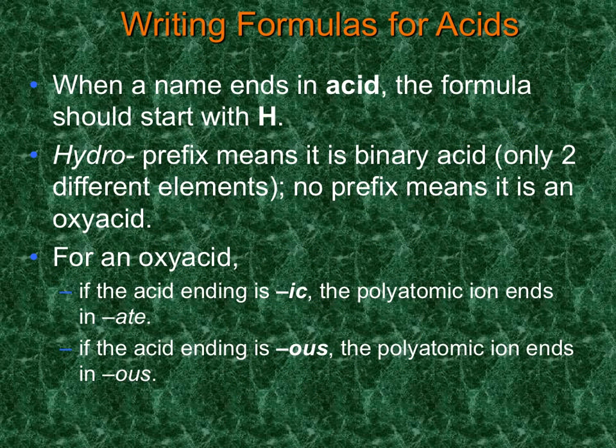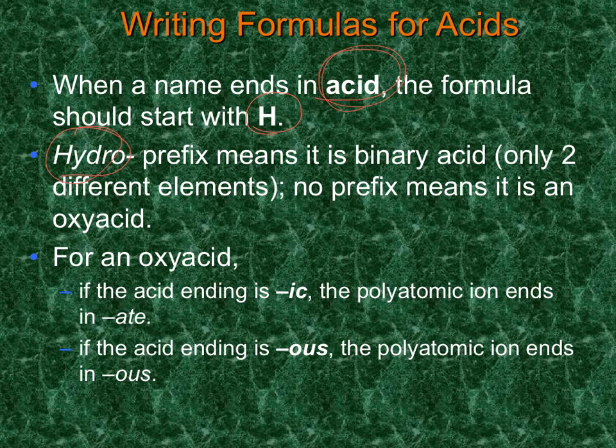What about going in the opposite direction? What if you're given a name for an acid and asked to write a formula? Well, the first thing that you want to do is, if you see a name has an ending of an acid, you start the formula with an H, okay? If the name has a prefix hydro, then you know it's a binary acid, which you should be happy about. It's easier.